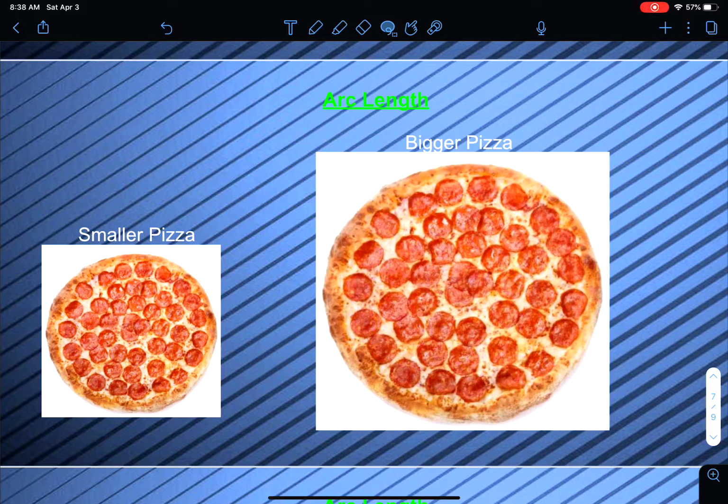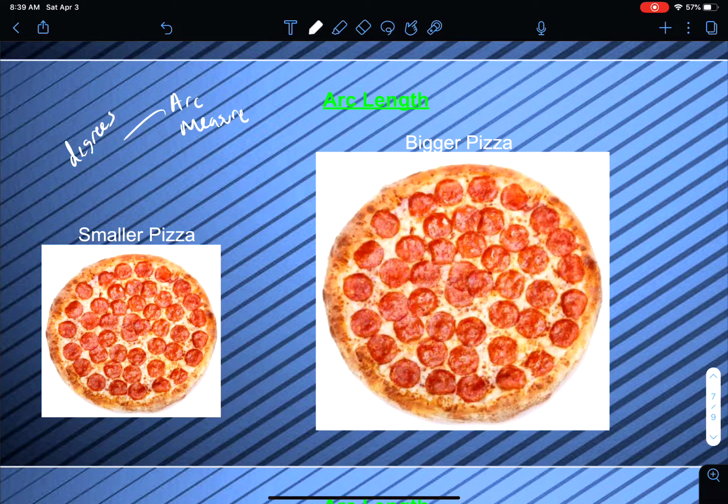Okay? Now, before we talked about arc measure. Arc measure is not the same definition as arc length. Arc measure deals with degrees, right? Think about when we're talking about degrees, like, oh, I did a 360, or a 180, something like that, right?